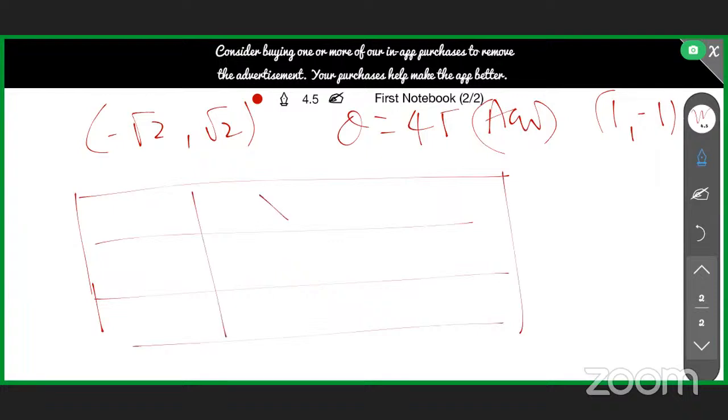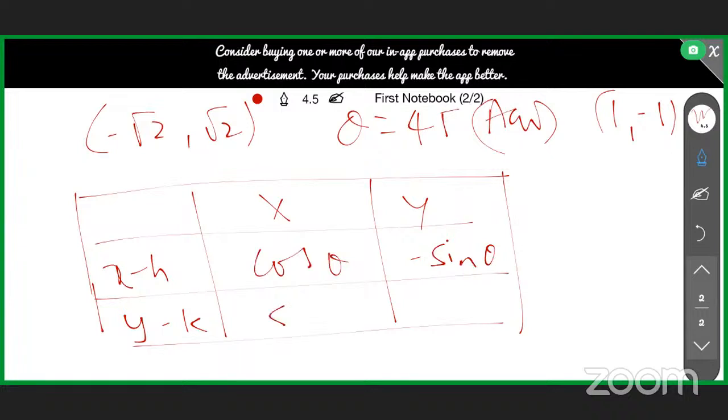Capital X, capital Y, the column of X minus H, Y minus K is equal to the matrix cos theta, sin theta, minus sin theta, cos theta.